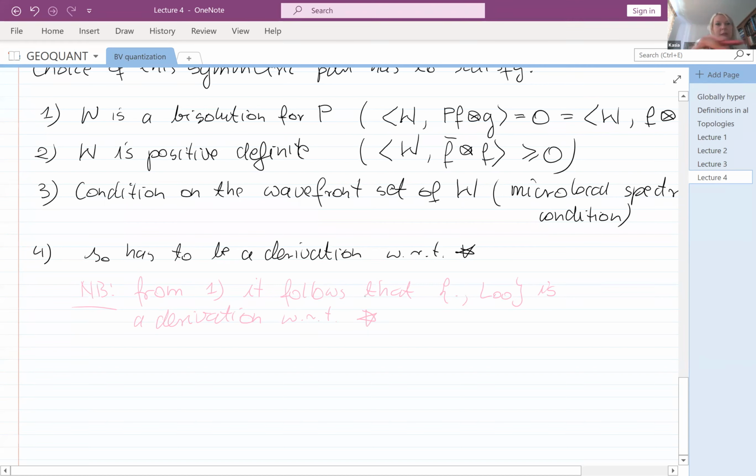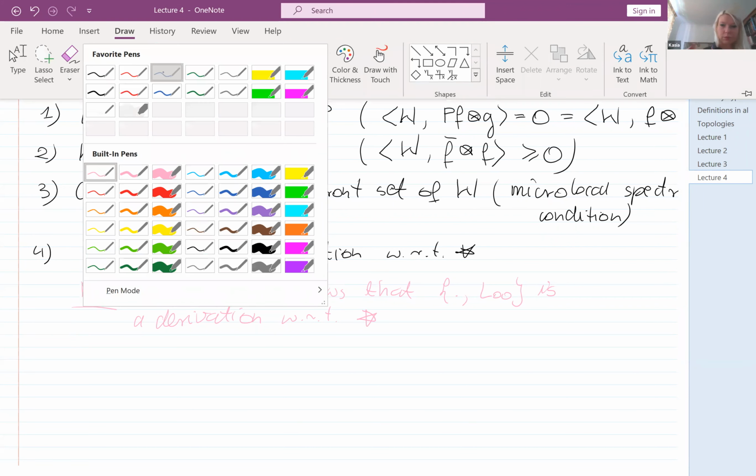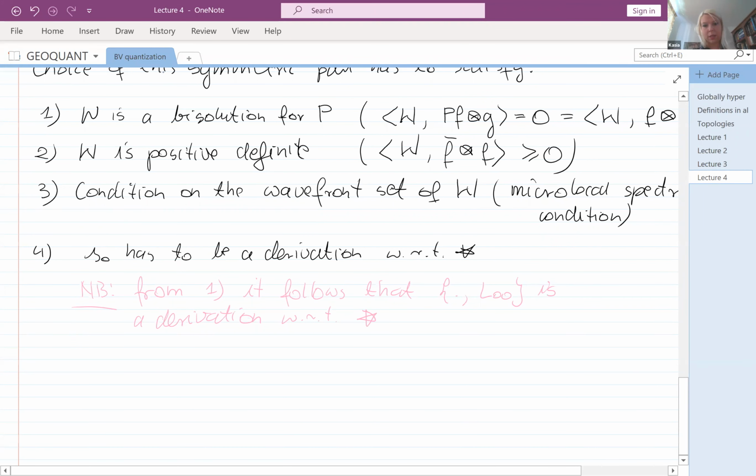So the only non-trivial requirement is that bracketing with θ0 is a derivation as well.